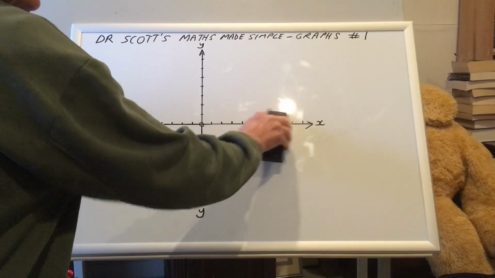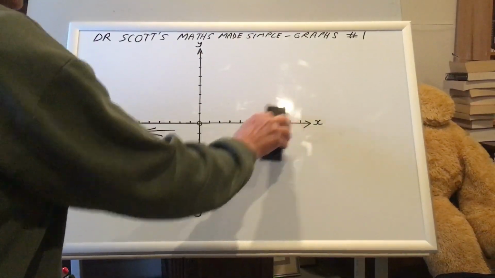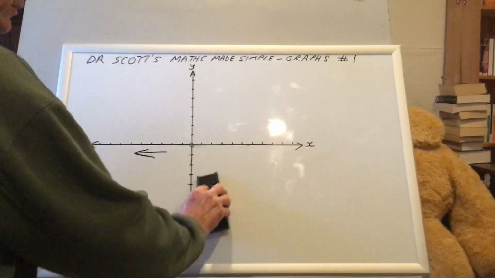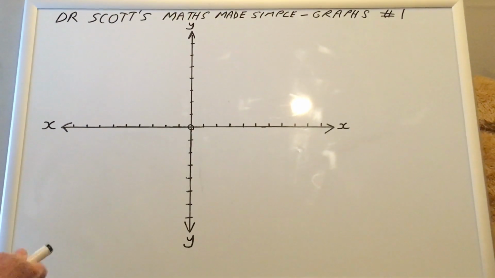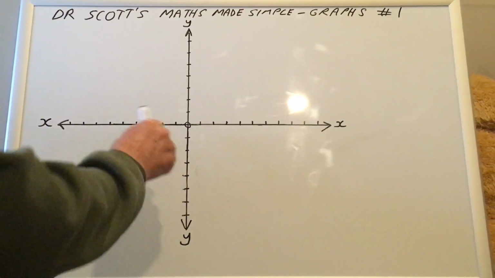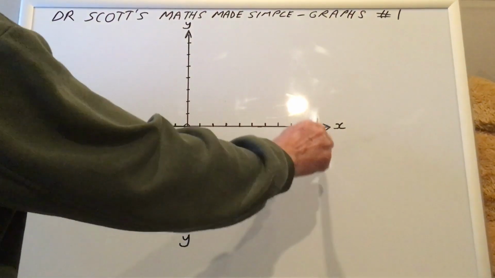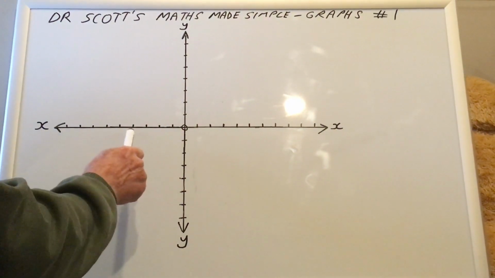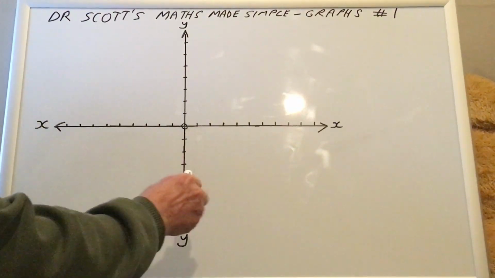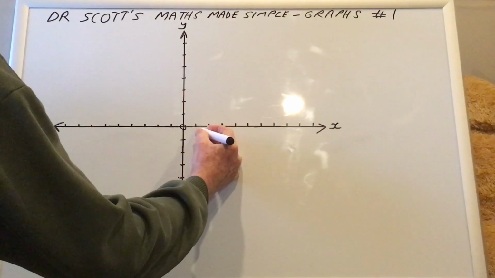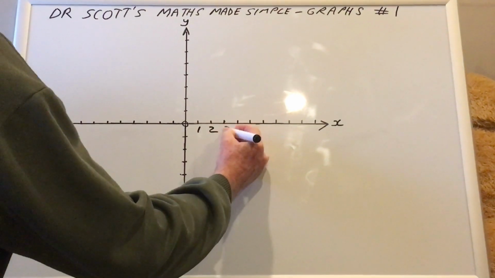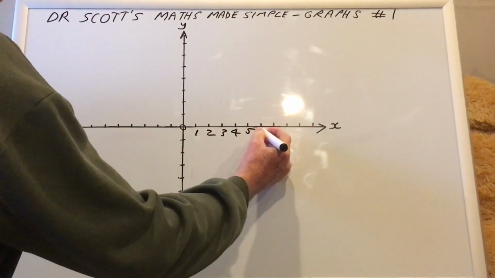Usually we mark on numbers on graphs so that we can plot points or even lines. So I've drawn the X axis with some little lines on there marking the 1, 2, 3, 4, 5, 6, and the same with the Y. So with the X axis, this would be 1, 2, 3, 4, 5, 6.